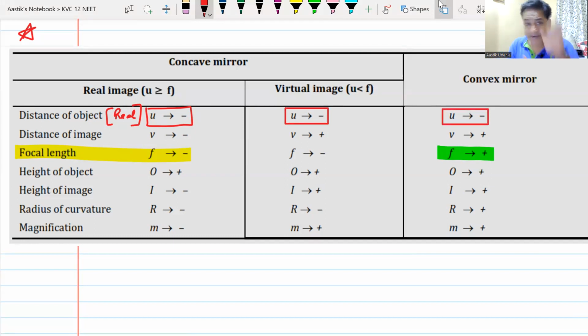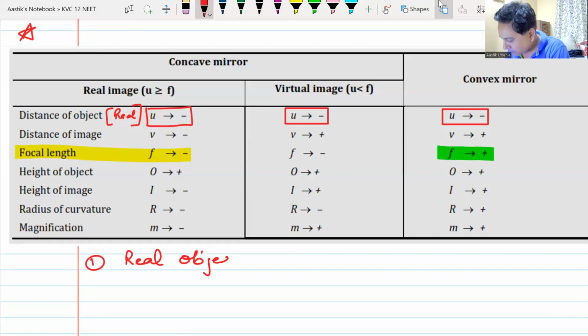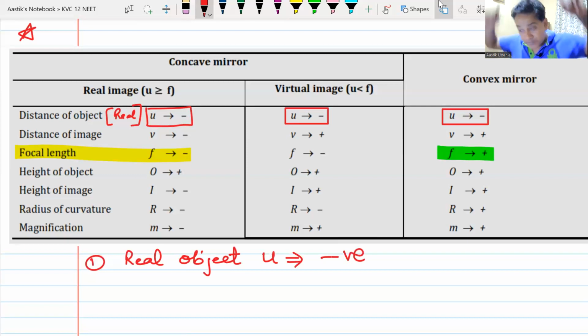Because it is on the real side, my object will be here, my mirror will be here, rays will go from the object, and your distance will be in the opposite direction. So for a real object, that is what you must note down as point number 1: for a real object, u is always going to be negative. Do we understand this?